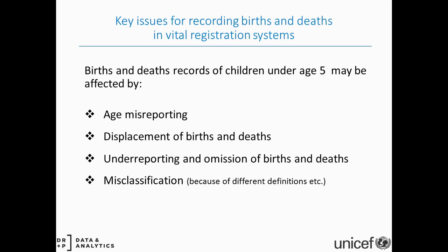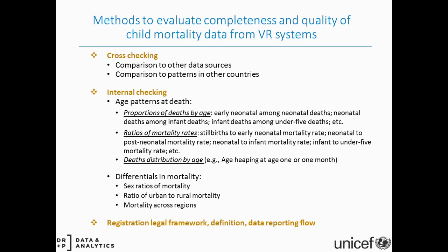So before I talk about the methods we used, the main key issues for recording births and deaths for children under age 5 can include, I listed 4, but maybe more: age misreporting and the displacement of births and deaths, which we will call age heaping, and also underreporting and omission of births and deaths. And the last but not the least is the misclassification due to different definitions used or other reasons.